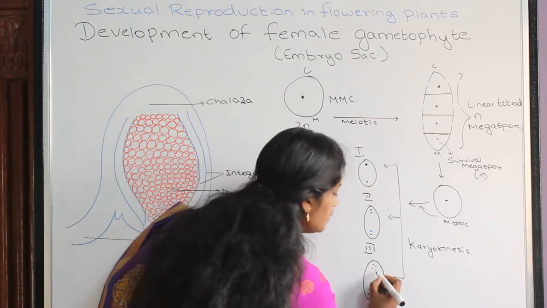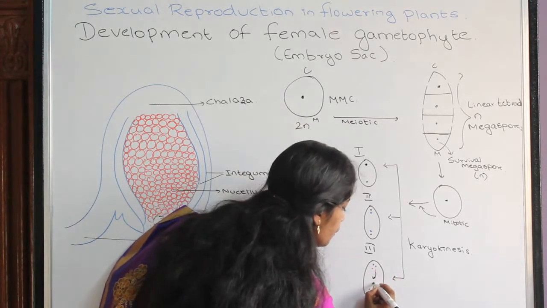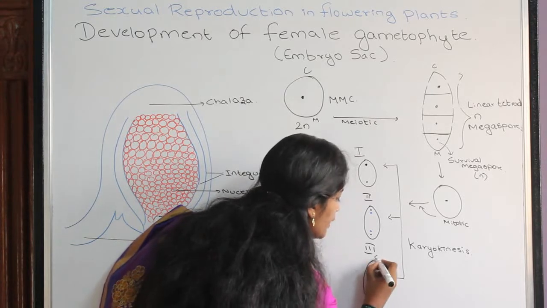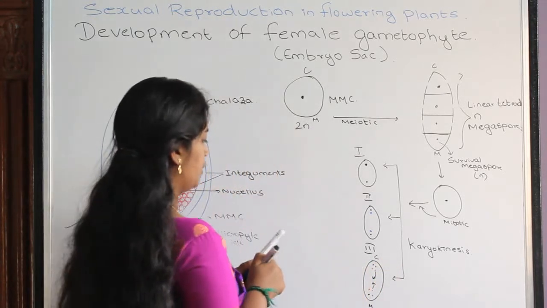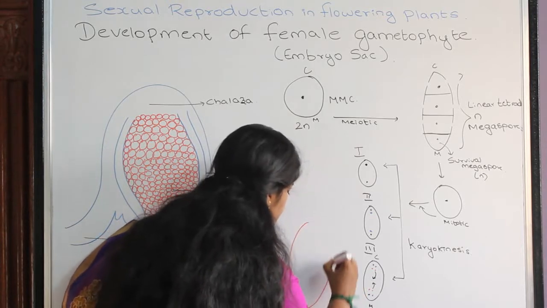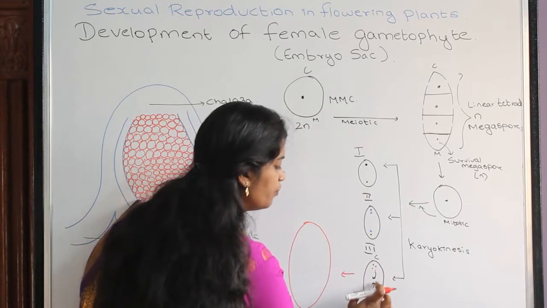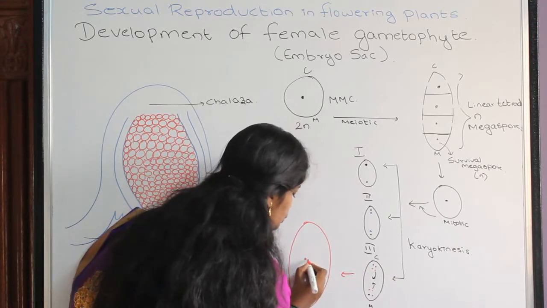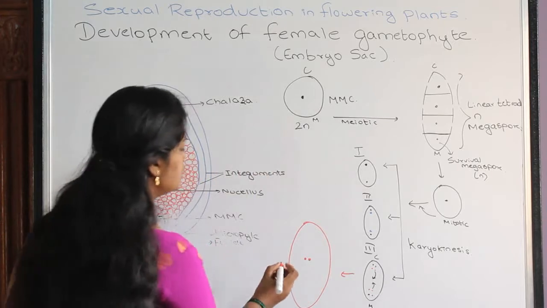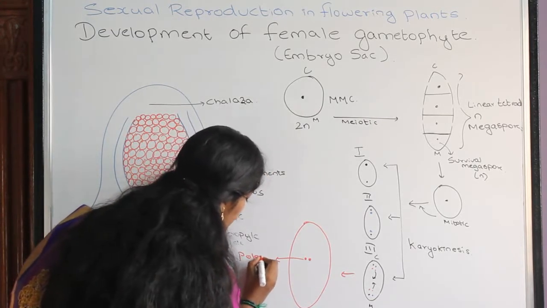Now, one nucleus from the chalazal region and one from the micropyle region migrate towards the center. Now we can see the cell here. These nuclei are called the polar nuclei.